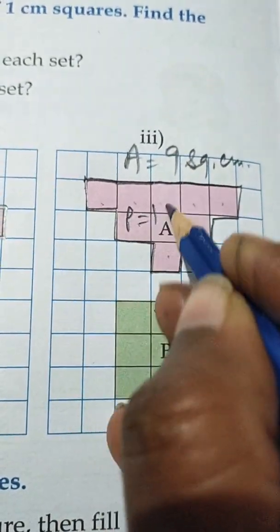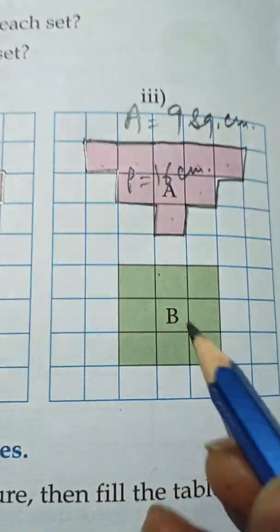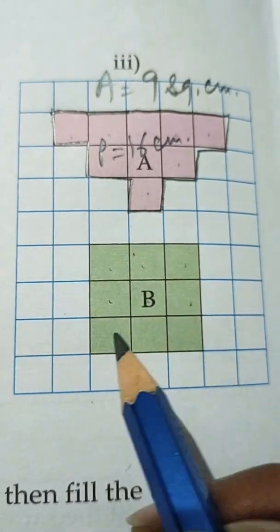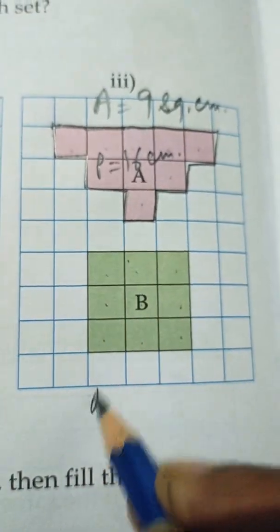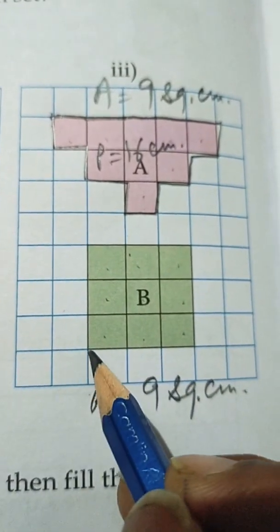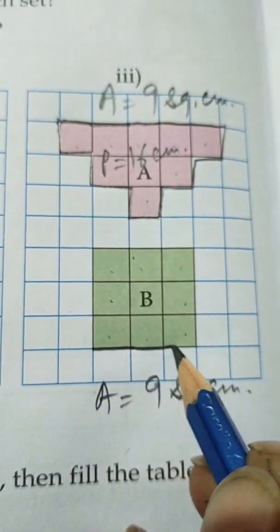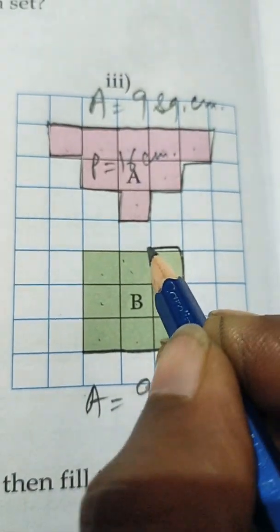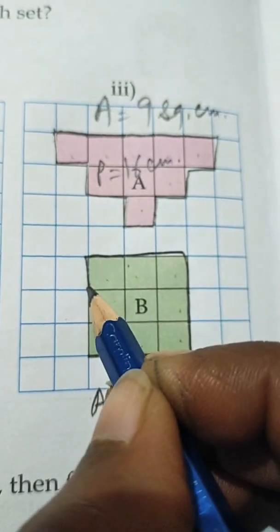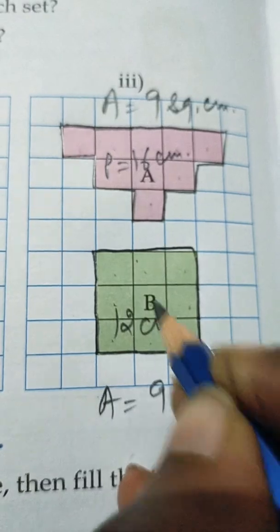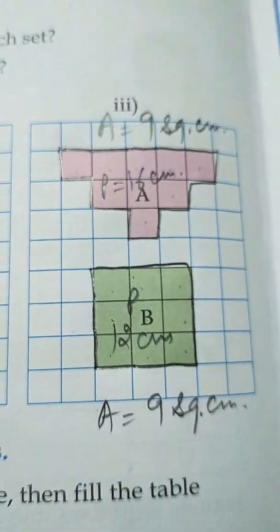Perimeter is 16 centimeter. And here area 1 2 3 4 5 6 7 8 9. Area of this diagram is 9 square centimeter and perimeter 1 2 3 4 5 6 7 8 9 10 11 12. Perimeter is 12 centimeter. Now here we have to answer A and B questions.